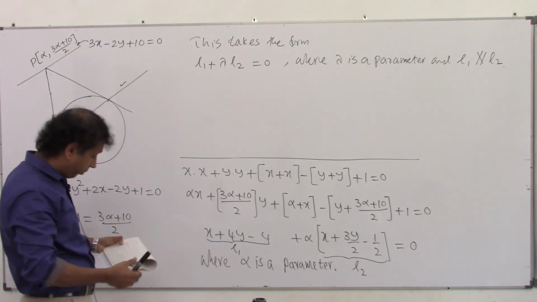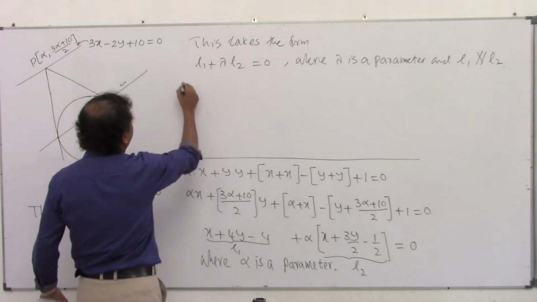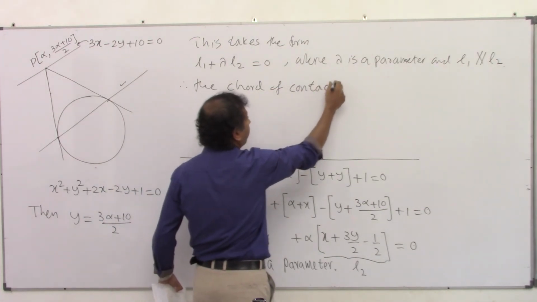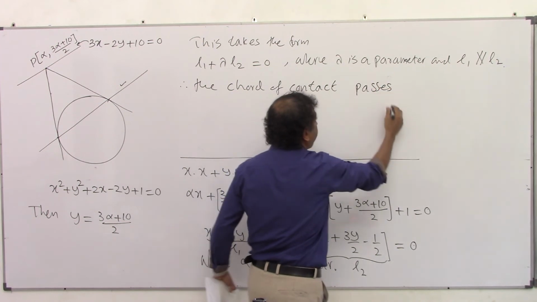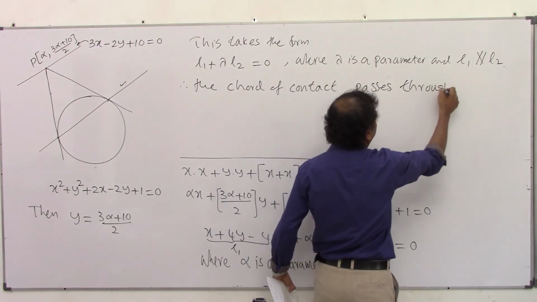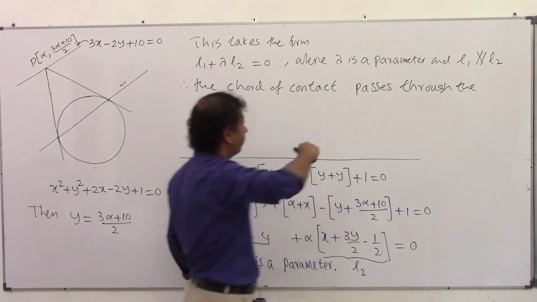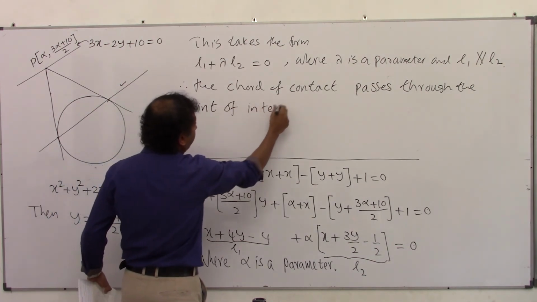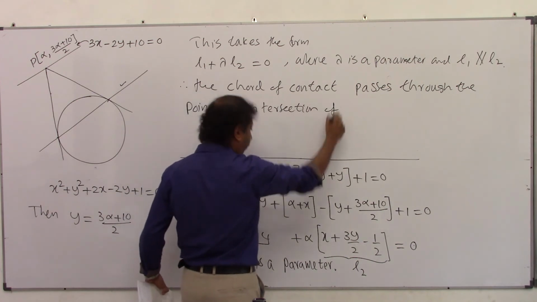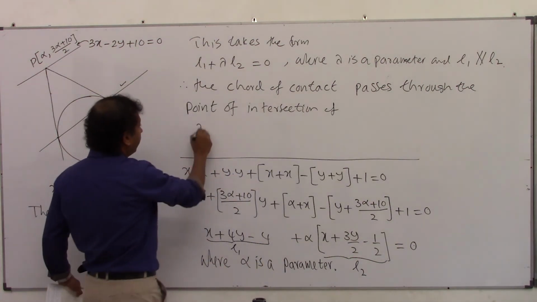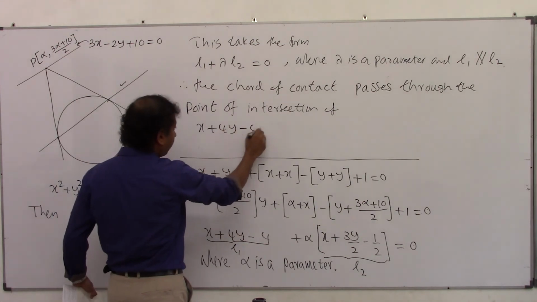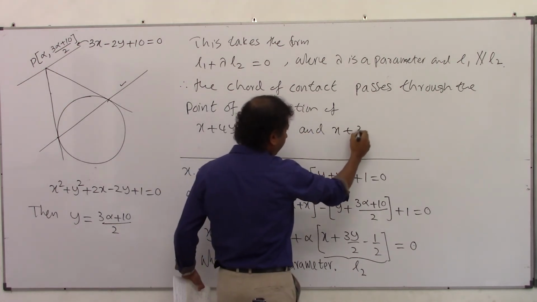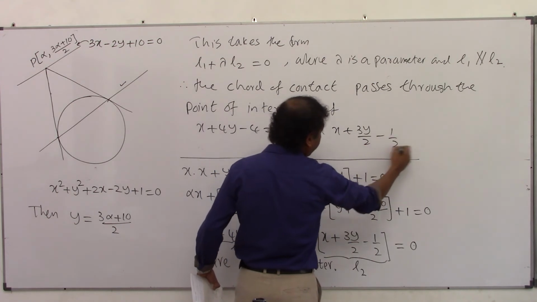Therefore, the chord of contact passes through the point of intersection of x plus 4y minus 4 equals 0 and x plus 3y by 2 minus half equals 0.